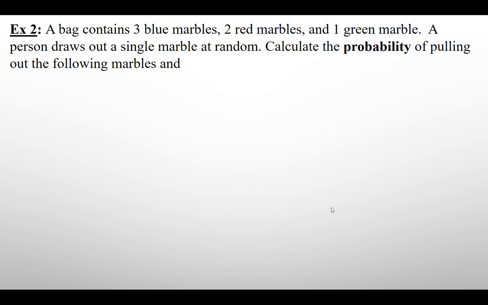Let's do one more example. So we have a bag that contains 3 blue marbles. So I'll just illustrate this. So we have 1, 2, 3 blue. We have 2 red marbles. And we have 1 green marble.